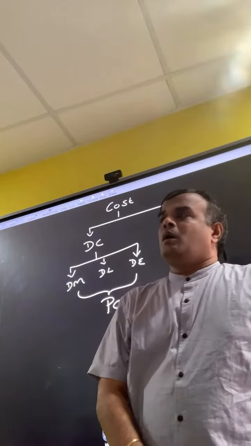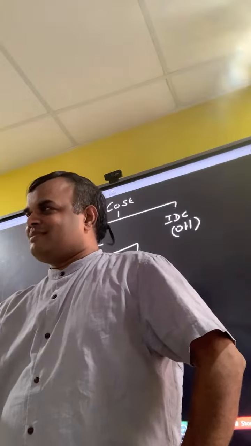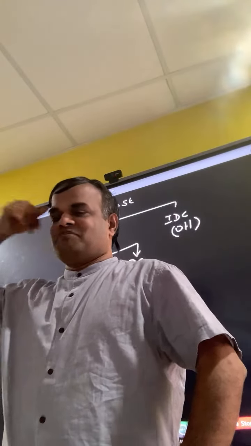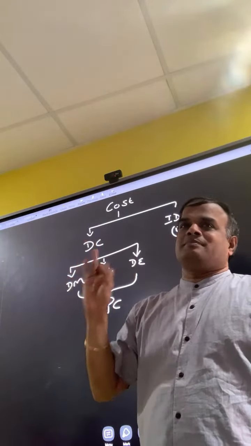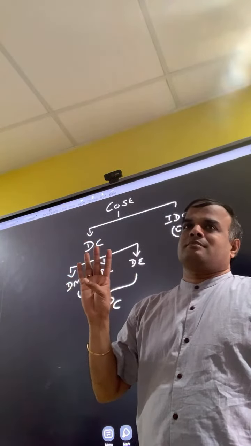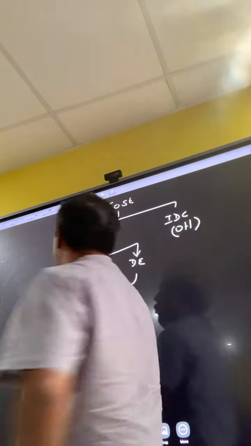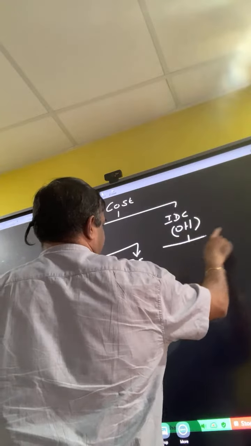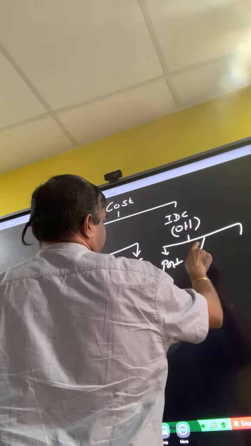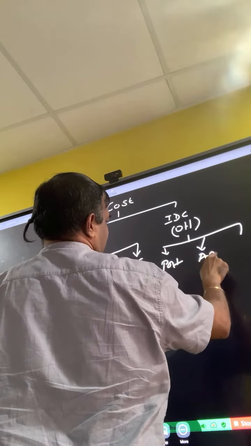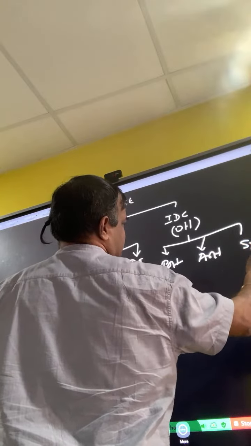On the basis of functionality, cost can be classified into production, administration, and so on. So the overhead I am going to classify broadly into three types: production overhead, administrative overhead, selling and distribution overhead.